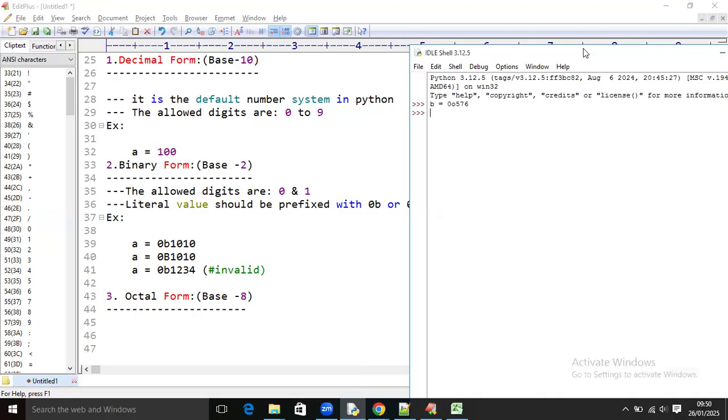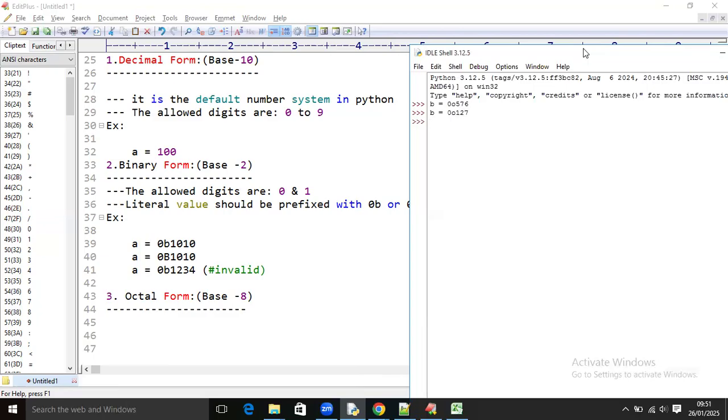Yes. And one more example, b equal to 0o127. Is it allowed?